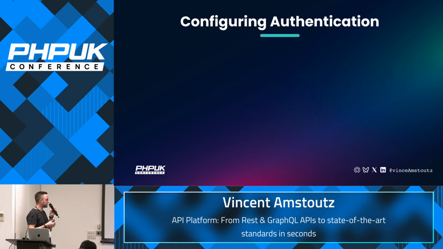Also with security, we need authentication, and the three main authentication standards are supported using components and bundles of the ecosystem. So we can use JWT, OAuth, or OIDC in a couple of hours or days, depending on what we choose.